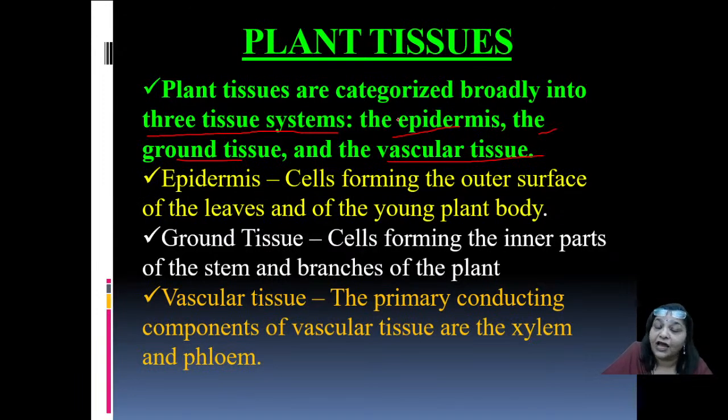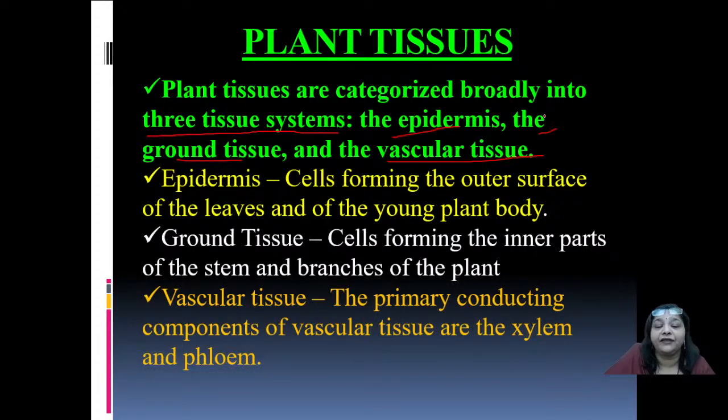So plant tissues are classified into three basic tissue systems. They are the epidermis. Epidermis is also called the surface tissue. The ground tissue, which is found inside, under the epidermis or towards the inside of the epidermis, and the vascular tissue, which most probably forms the center of the plant organism.